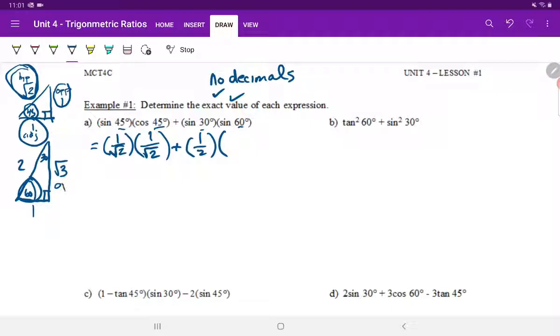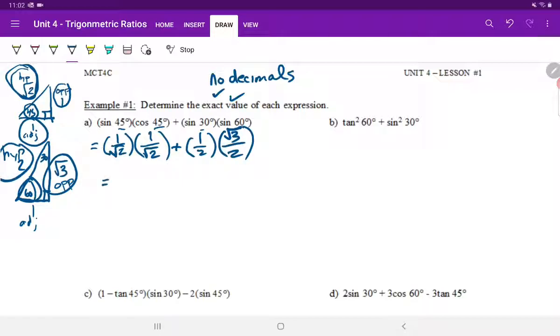This now becomes our opposite, this becomes our adjacent, this becomes our hypotenuse, or it actually always was the hypotenuse. Sine of 60, well, that's opposite. I'm looking for the ratio of opposite over hypotenuse. Square root of 3 divided by 2.